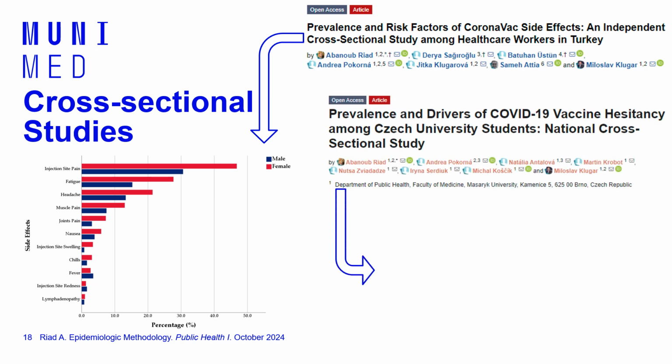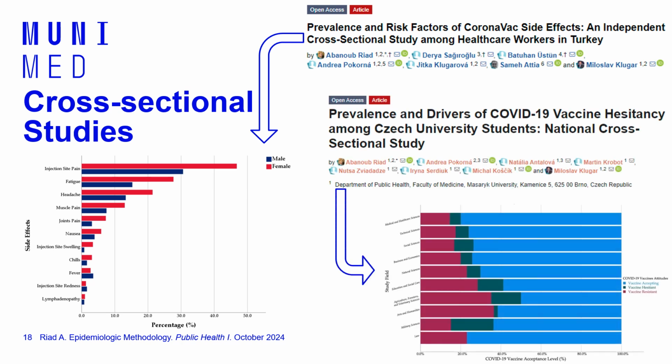Then we have another study that aimed to understand the attitudes of students at Czech universities toward vaccination. And we can say that students who study medicine or healthcare-related sciences had the highest level of acceptance compared to all other students. On the other hand, students who studied agriculture, for example, had the lowest level of acceptance and probably one of the highest levels of hesitancy.